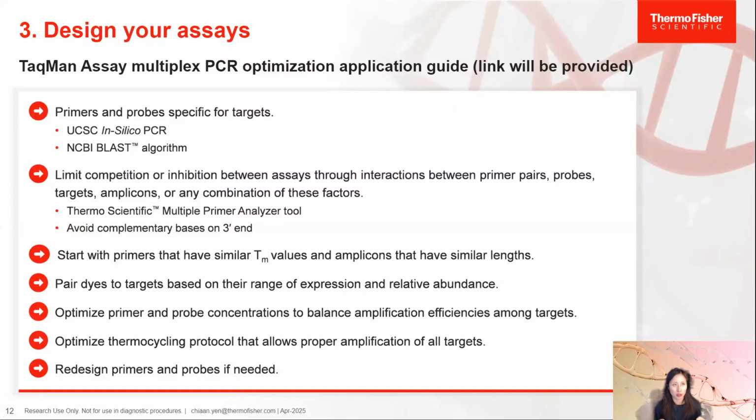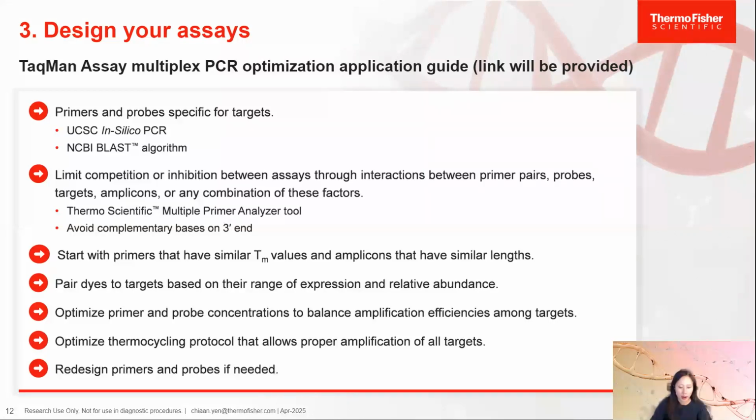Since you're trying to do a multiplex reaction, I would recommend that you start with primers with similar TM values, and similarly with probes, you want to start them around similar TM values.